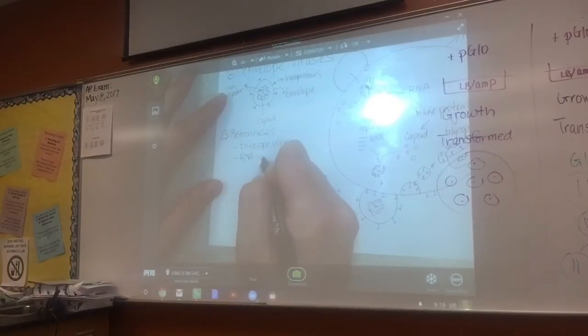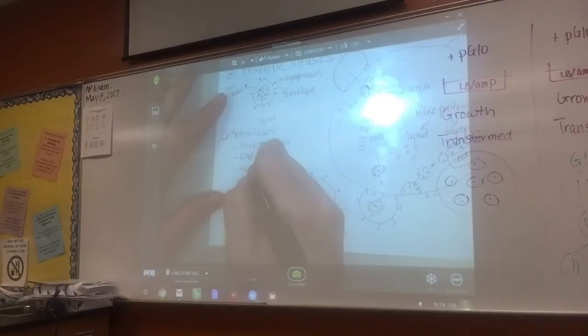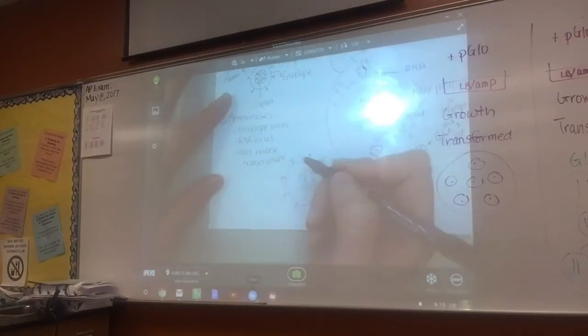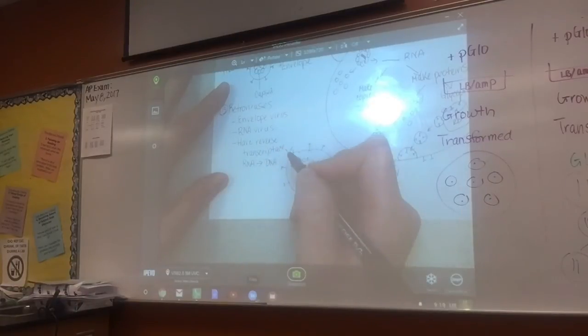That means that they have RNA as their genetic material. They have the enzyme, what did we just say? Reverse transcriptase. What does reverse transcriptase do? Takes that RNA, since the RNA is the genetic material, and uses it to make DNA, right?